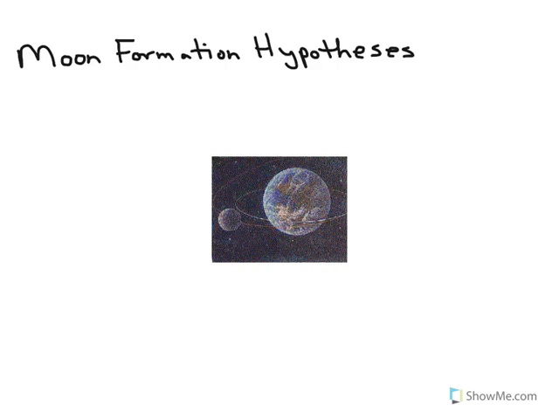Another possibility is that the moon was captured. Now, in the capture hypothesis, the moon would have formed somewhere else in our solar system, and it took a trajectory that brought it in near the Earth, close enough for Earth's gravity to grab hold of it and pull it into orbit.